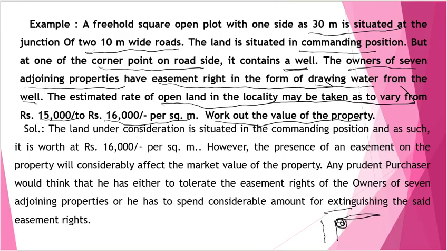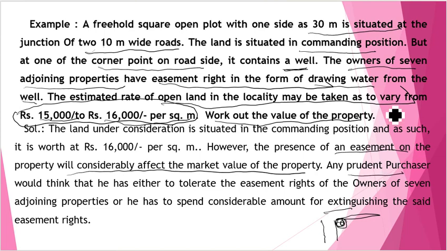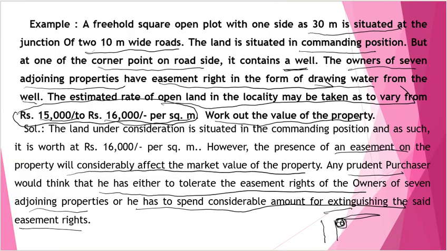So, though the value per unit is 15,000 to 16,000 per square meter, however, the presence of an easement on the property will considerably affect the market value of the property. Any prudent purchaser would think that he has either to tolerate the easement rights of the owners of the seven adjoining properties, or he has to spend a considerable amount for extinguishing the said easement rights.